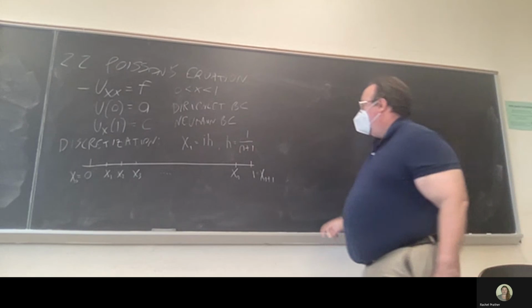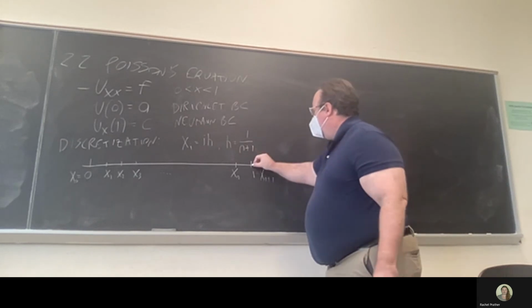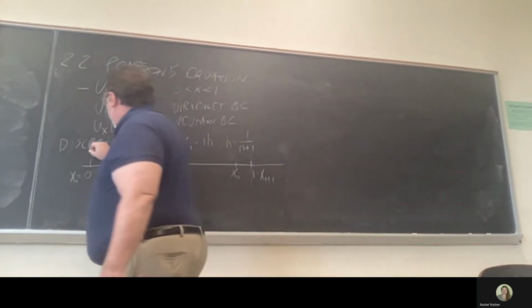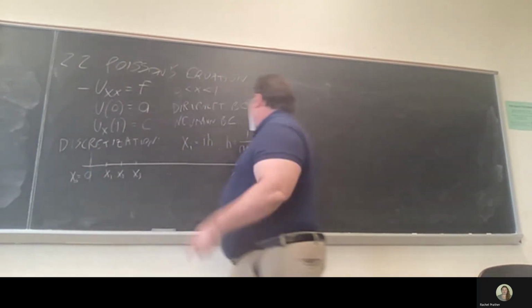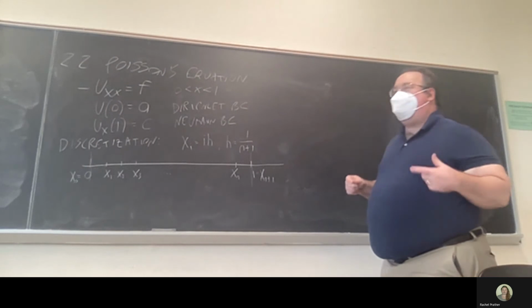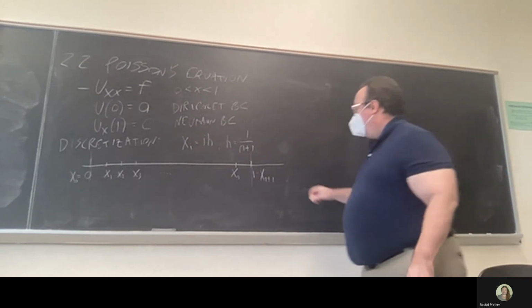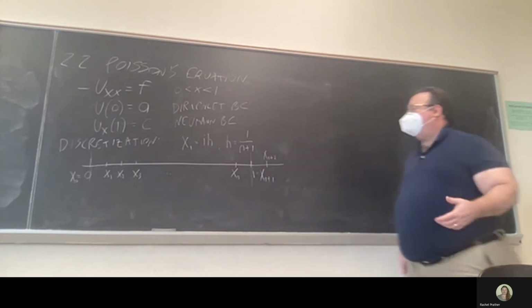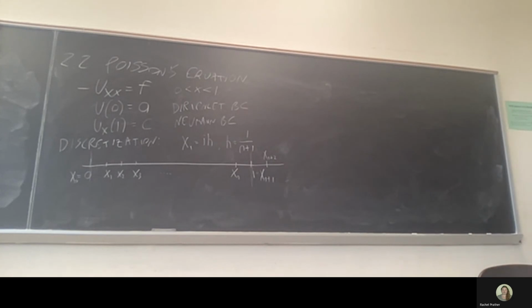Now, even though our domain is 0 to 1, so we should only be concerned with points here, we actually are going to need one more point outside. So this would be x_{n+2} that has the same spacing. That's because of the Neumann boundary condition.